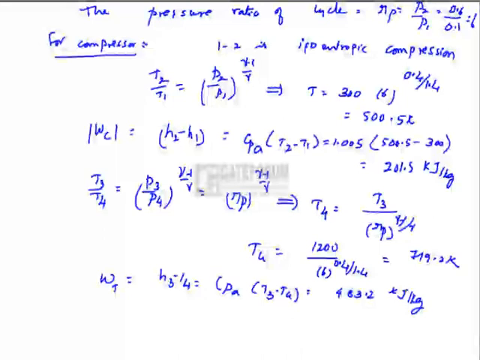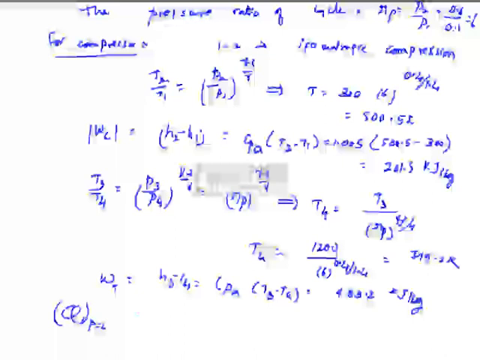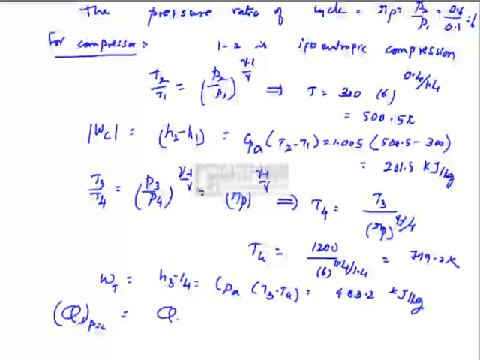Heat supplied in the constant pressure process, that is heat supplied in the process 2 to 3, is H3 minus H2, which could be calculated as Cp of the air into T3 minus T2. T3 is given, T2 is calculated. The result will be around 699 kilojoule per kg.